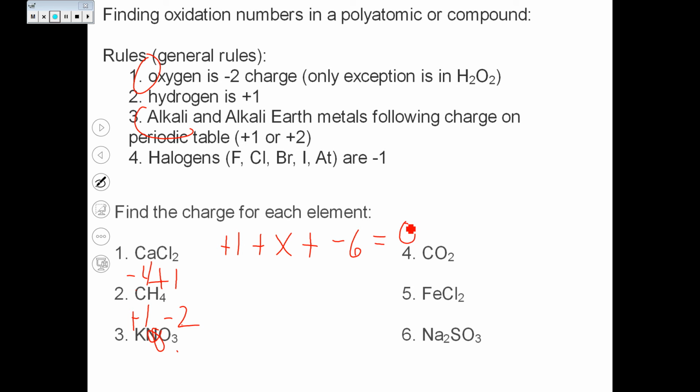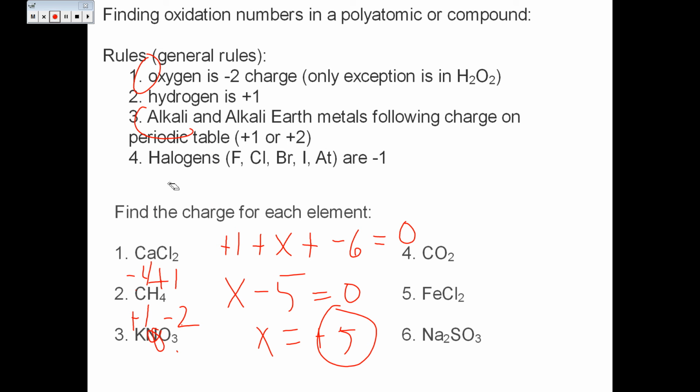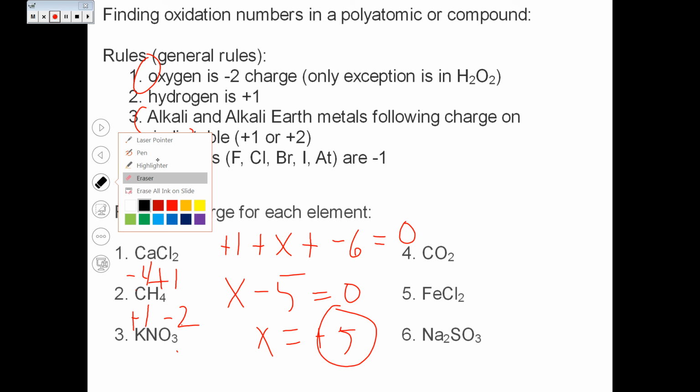And we want to say that that adds up to 0. So doing a little algebra, X minus 5 equals 0, X equals +5. So in order for this compound to work out, nitrogen's oxidation number has to be +5.